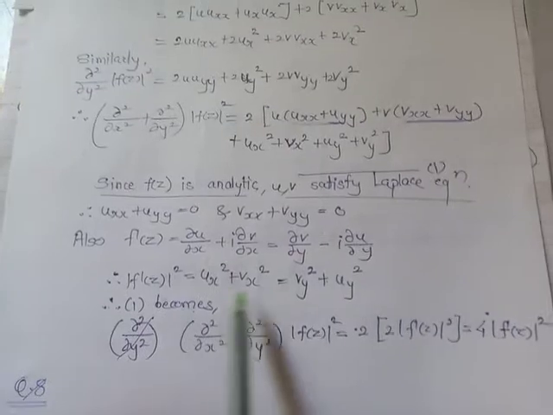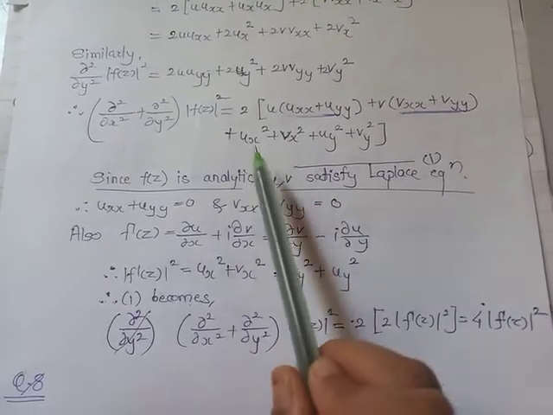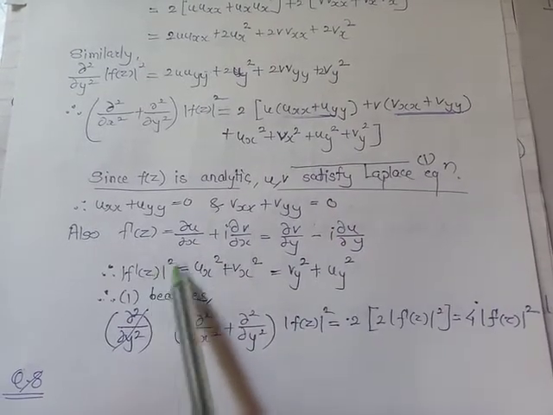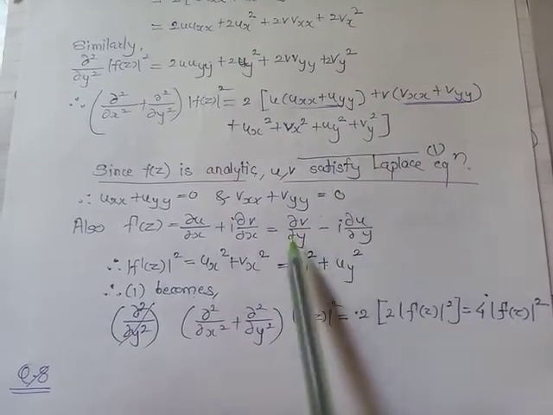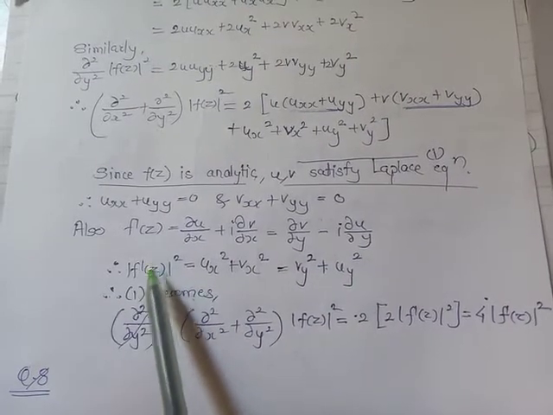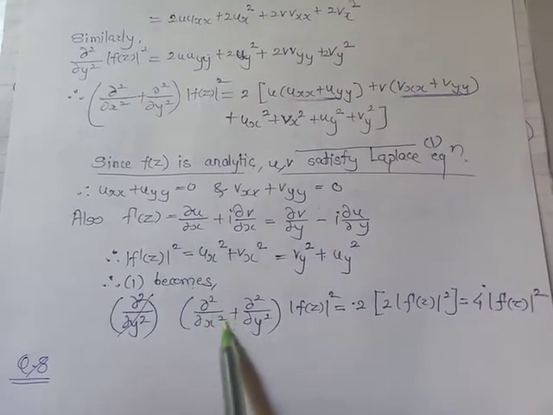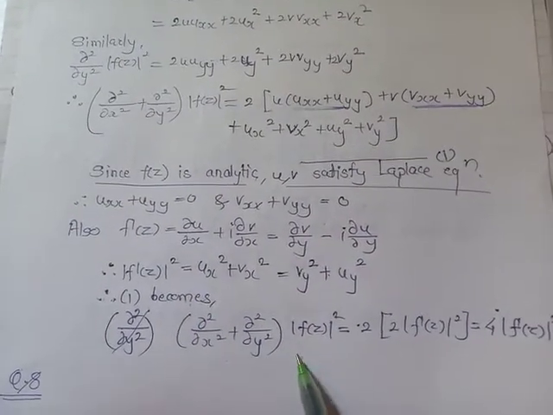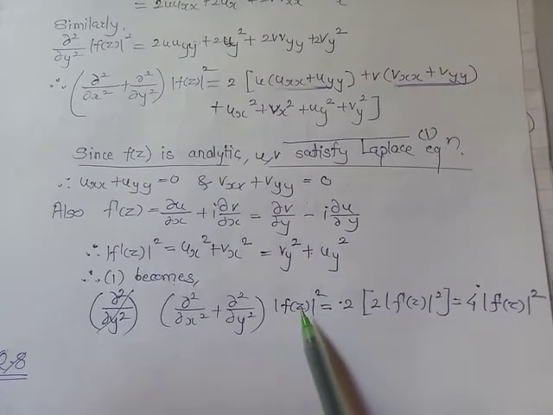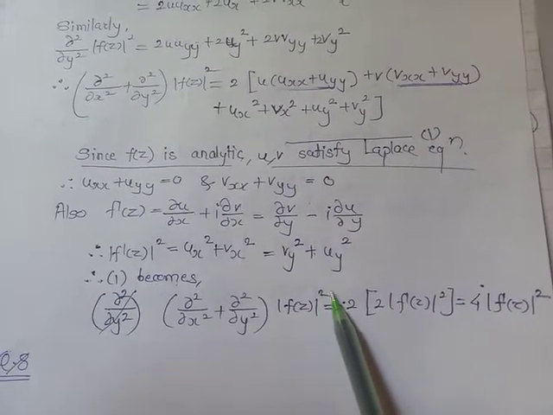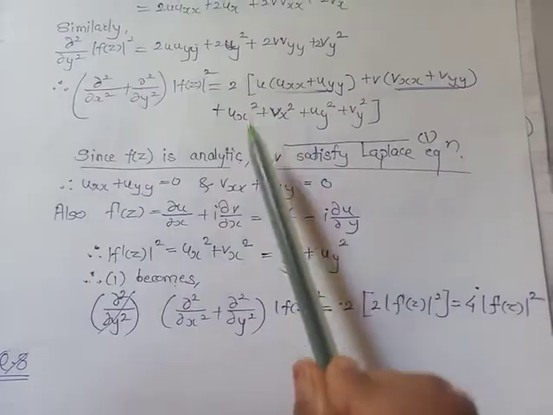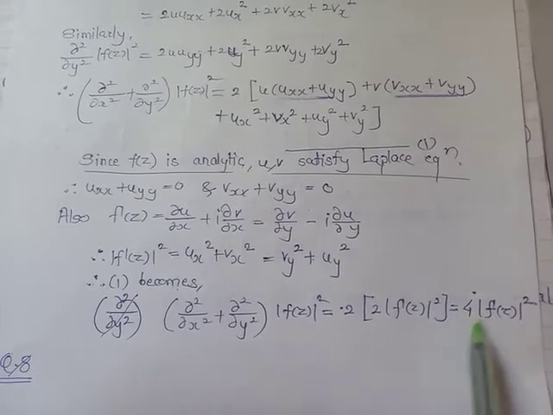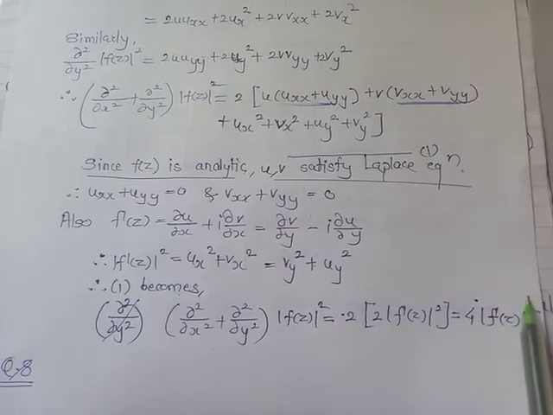Therefore, ux square plus vx square we can write as modulus f dash z square, and uy square plus vy square we can write again as modulus f dash z square. So now ∂²/∂x² plus ∂²/∂y² operated on modulus f of z square will become 2 times 2 f dash z square, that is 4 modulus f dash z square.